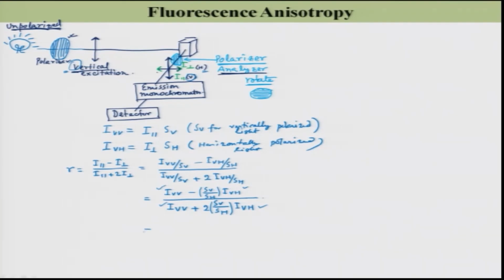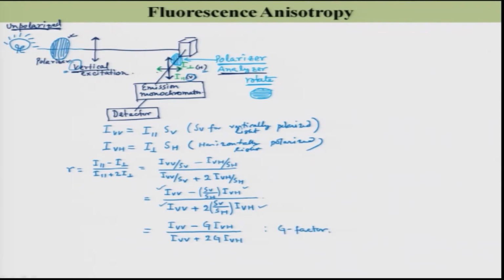Let me write this as I VV minus G I VH divided by I VV plus 2 G I VH. That means whatever value of I VH you measure in the detector, you have to multiply with a factor. So this is known as the G factor.